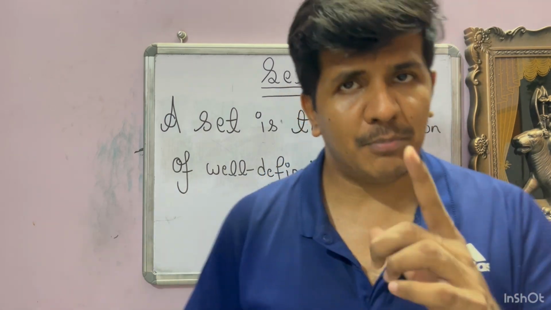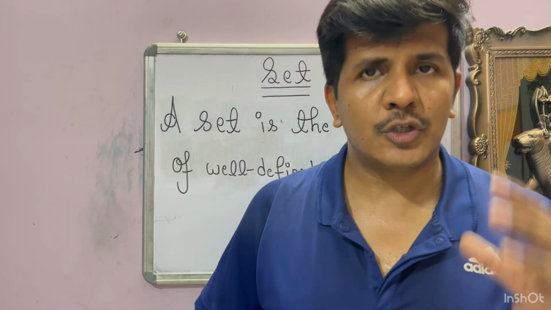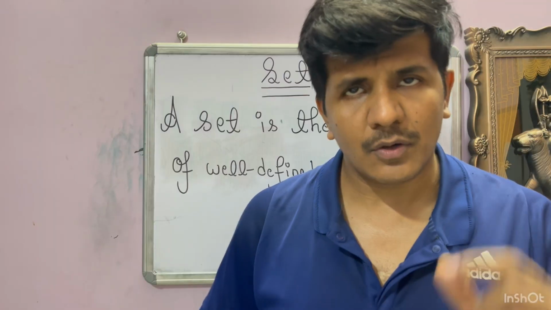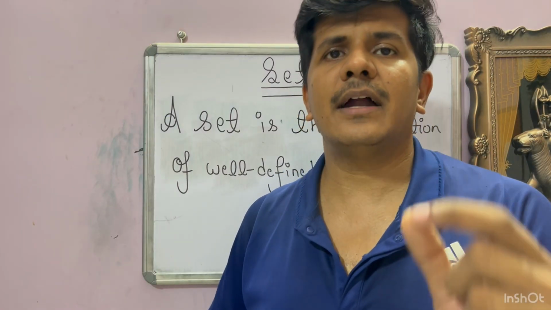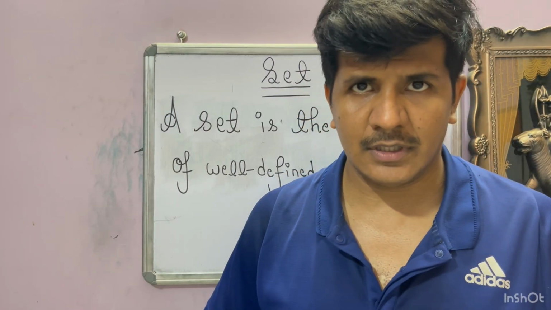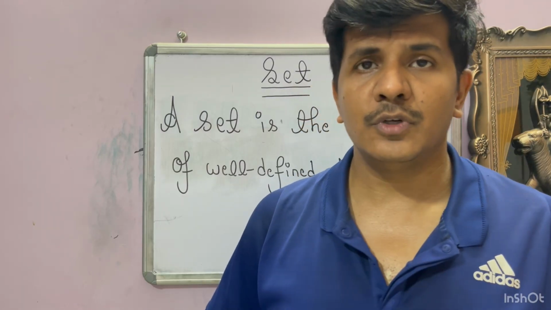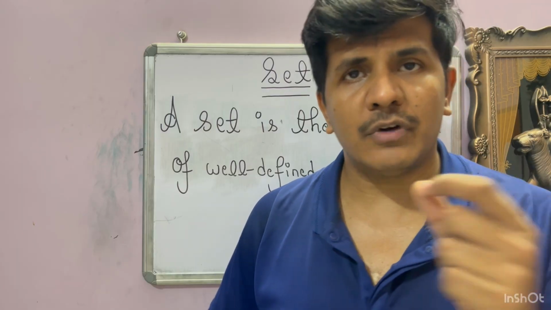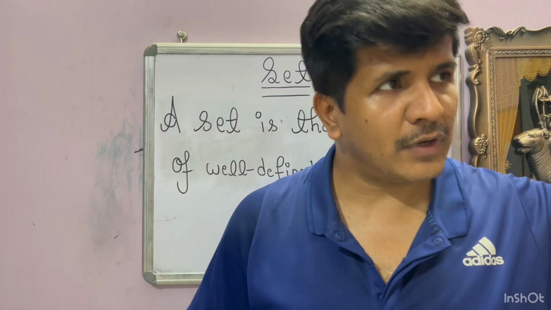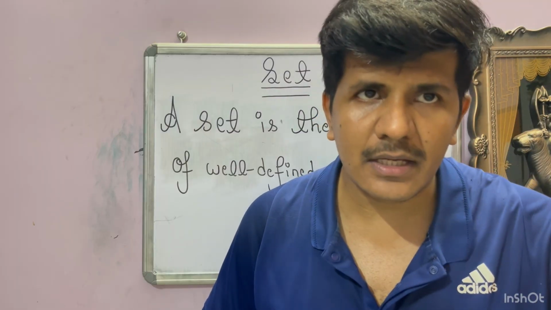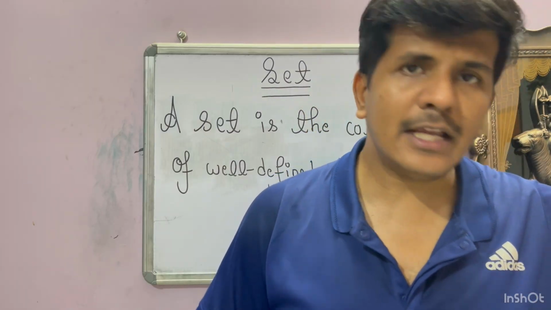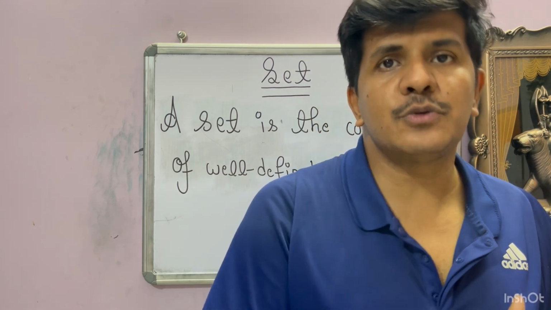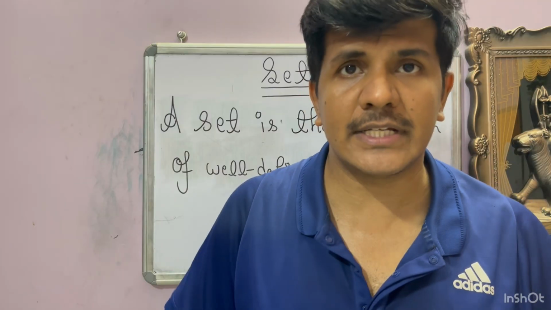But if I ask you to collect all those students present in your class whose height is above 150 centimeter, then whether it's guy A or guy B or guy C, they know one thing, that I have to do the collection of those students whose height is more than 150 centimeter.